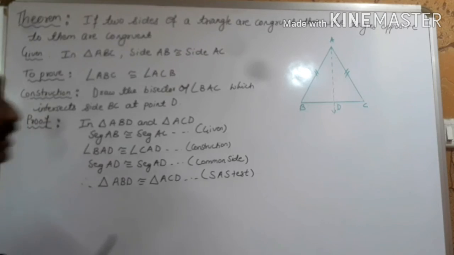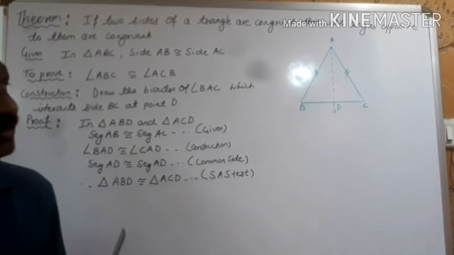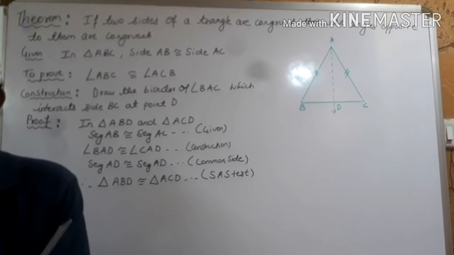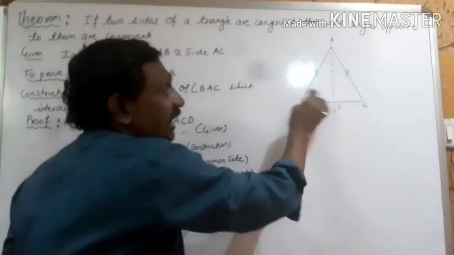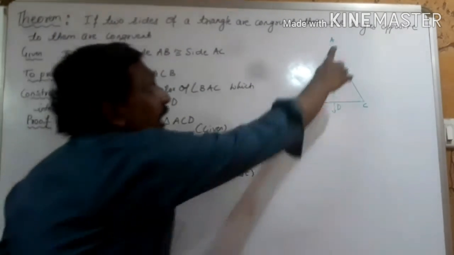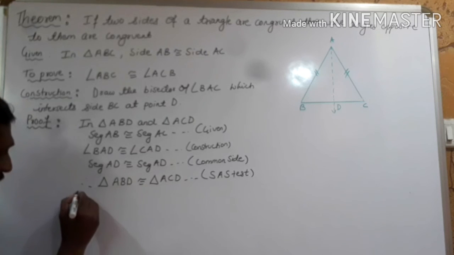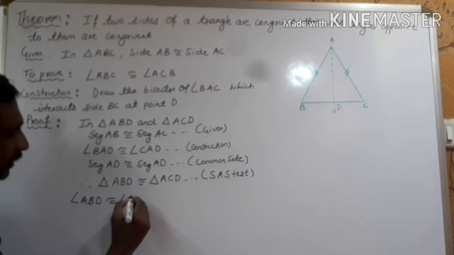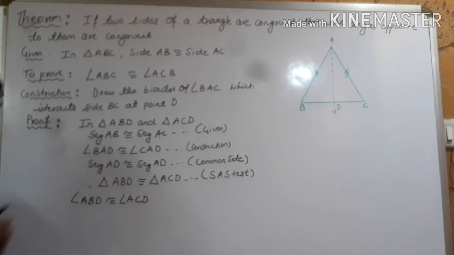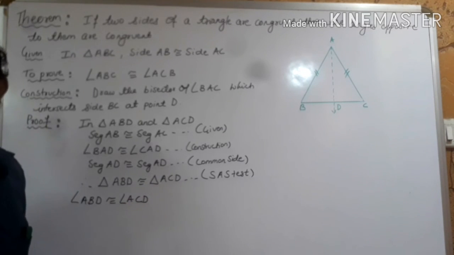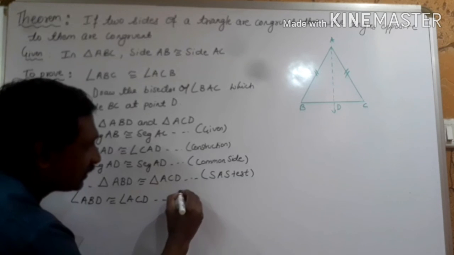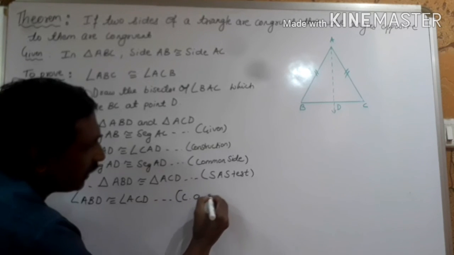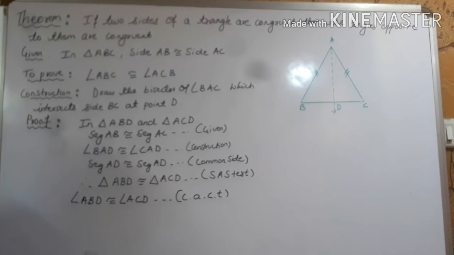Now once this triangle is congruent to the other triangle, we can write angle ABD congruent to angle ACD. So what will be the reason? Corresponding angles of congruent triangles.